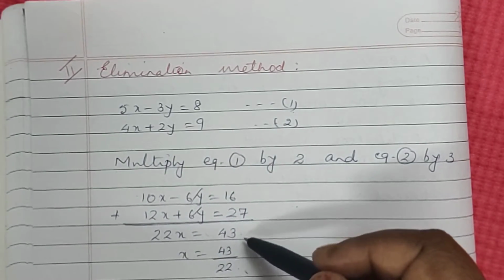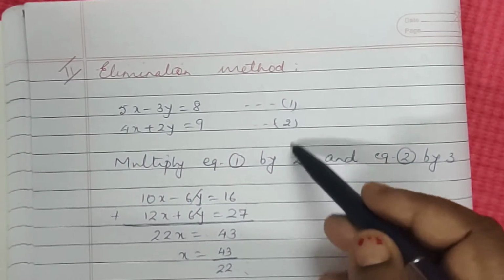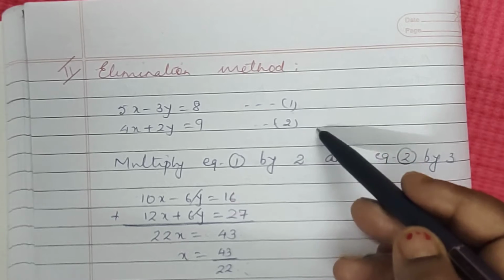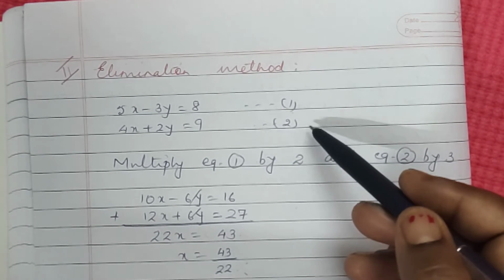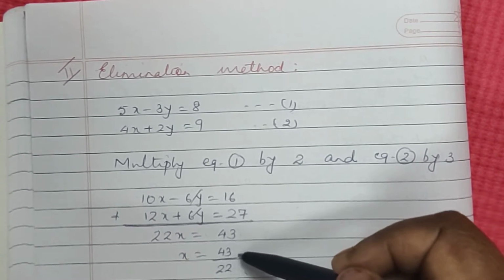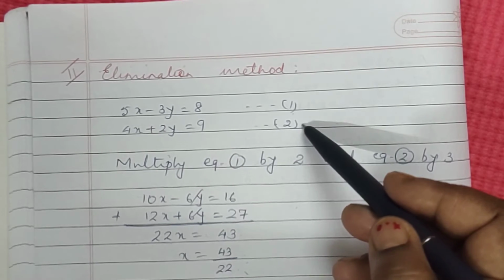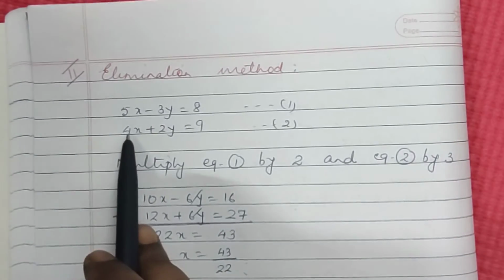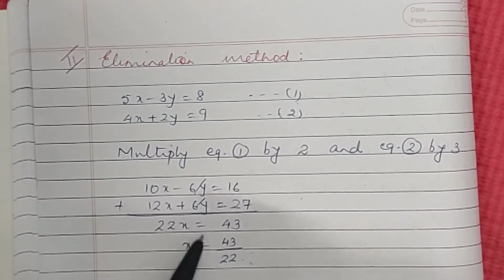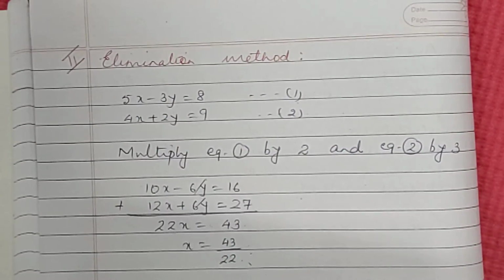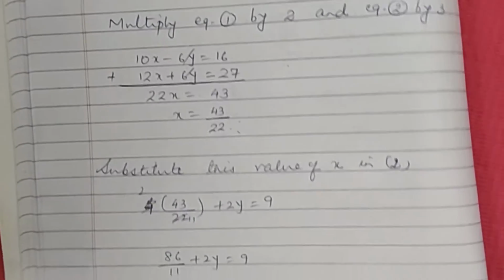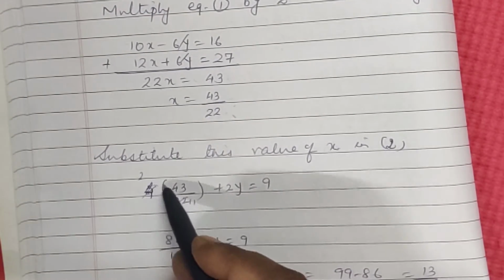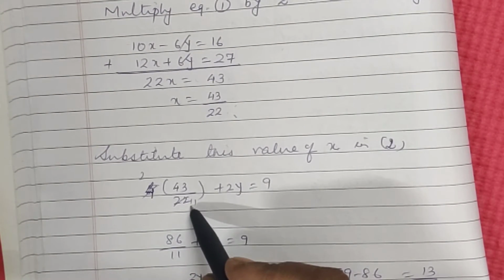Now I will put this value of x in any of these equations to get the value of y. So I am substituting this value of x in equation 2. When you put this value in equation 2, you will get 4 into 43 by 22 plus 2y equals 9. Let us solve it. 2 2s are 4, 2 11s are 22.